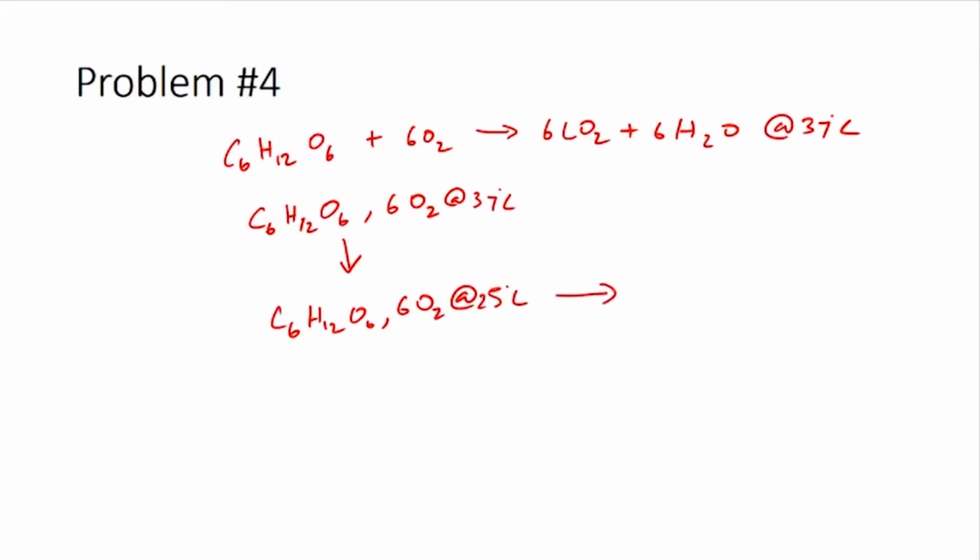Here it is forming products, which would be 6 CO2 and 6 H2O, all at 25 degrees Celsius, and from here it is being heated to form the products at 37 degrees Celsius.